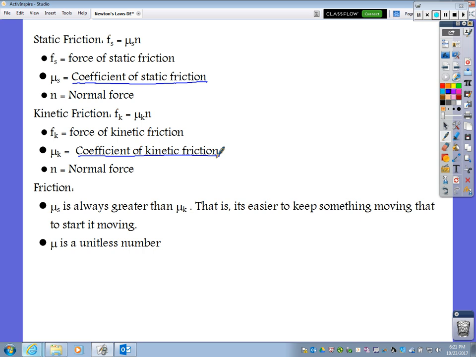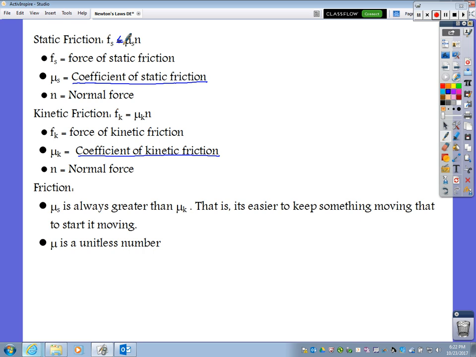In the case of static friction, if you have an object that's at rest relative to another surface, we call that static friction, and it's mu static times N. Actually, I should write here, instead of equals, I should say less than or equal to.